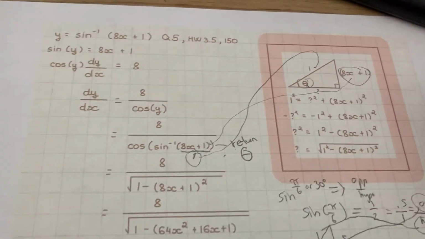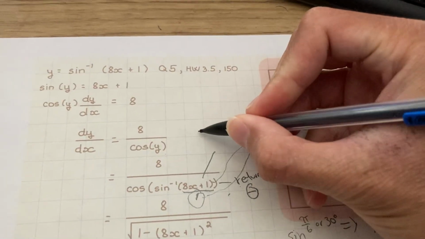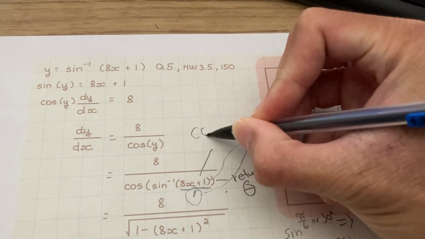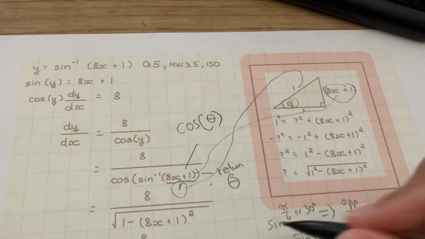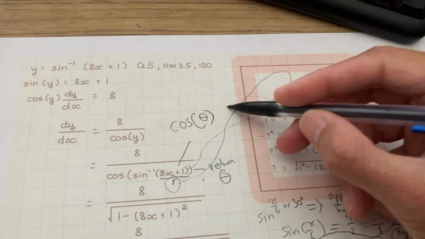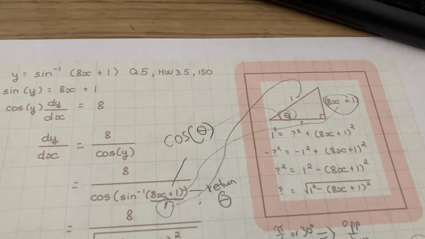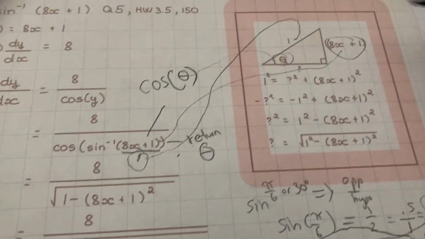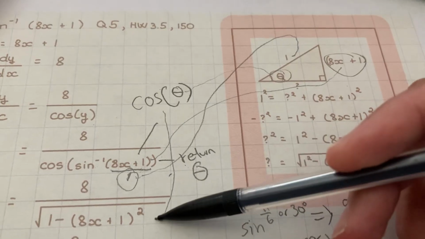And so now this is going to be the cosine of that theta, because this thing returned a theta of a unit circle, and now that theta is being used as the input of a normal cosine, right? And this cosine theta gets transformed into this funky thing right here.